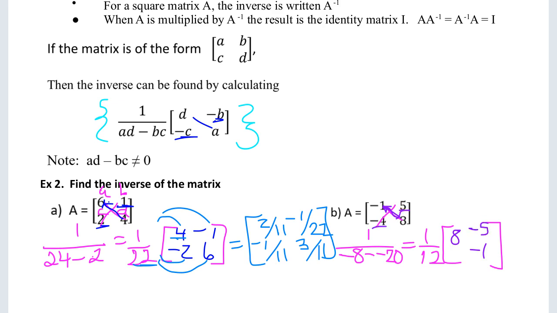So -5, +4, and then distribute. 2 over 3, -5 over 12, 1 over 3, -1 over 12. As you can see, 8 over 12 became the 2 over 3 by dividing by 4.